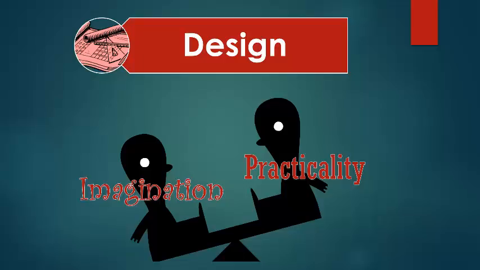And this is where you have to do a balancing act between both your imagination and the practicality. You might have the most wonderful ideas, but practically, you may not be able to fulfill all those wonderful ideas. So you have to figure out at what point you need to give up on some of your neat ideas and actually get the work done.